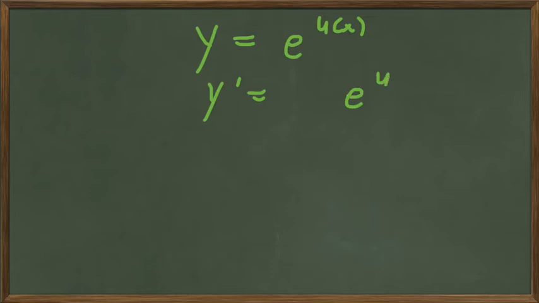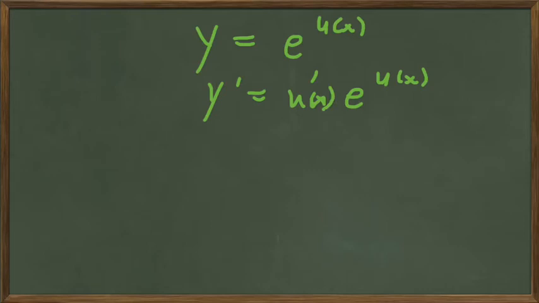We can extend that property and say, well, what if we have a function y equals e to the u of x? What would its derivative be? That would be e to the u of x times the derivative of the power, u prime of x.